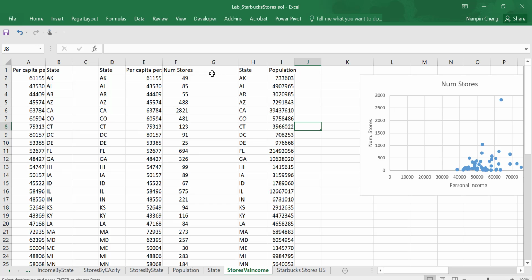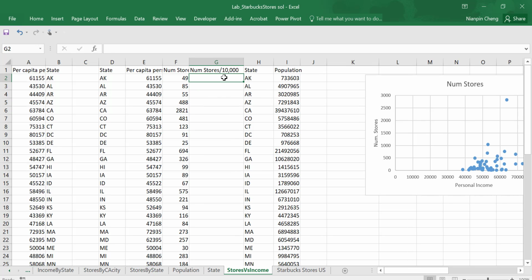So instead of number of stores, we like to have the number of stores per 10,000 people. So we just take number of stores divided by the population, that's per person, the number of stores. Then you multiply by 10,000.